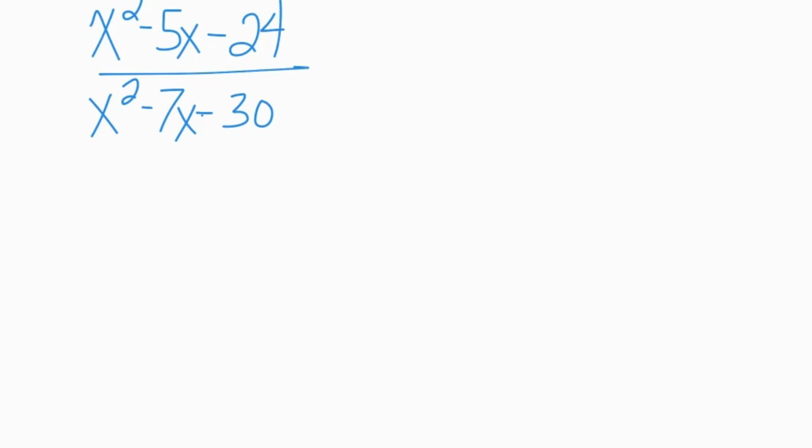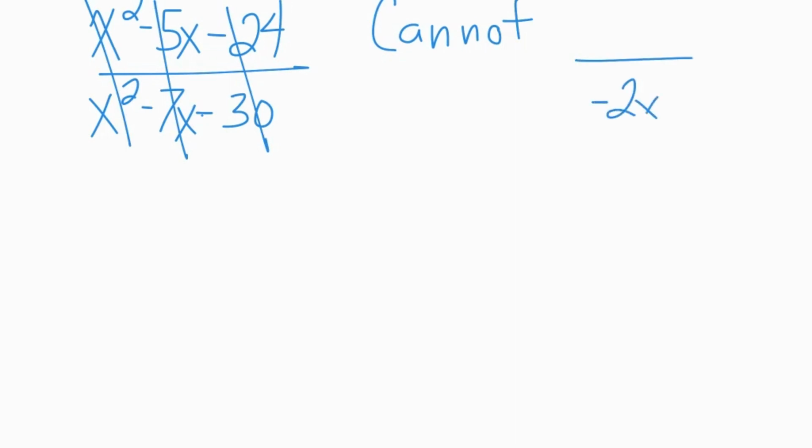But you cannot just start crossing out, and rewrite this as like a negative 2x. Okay, it cannot be done that way, because there is addition and subtraction in here. There are other operations than multiplication, because we need to know why fractions work, and how we simplify a fraction.